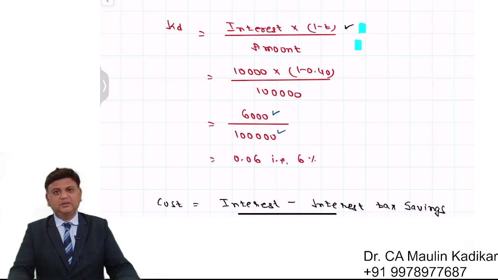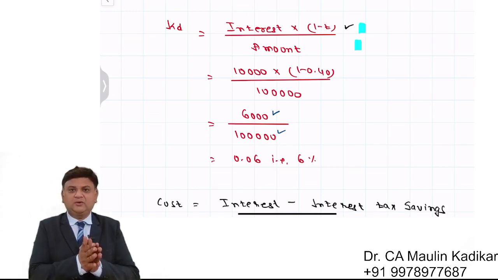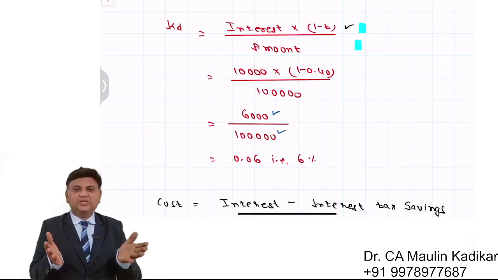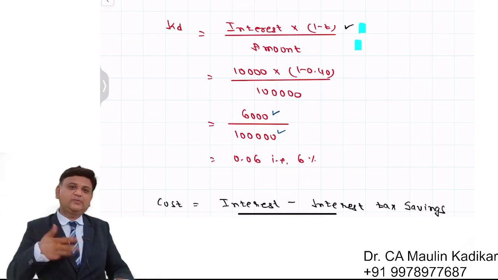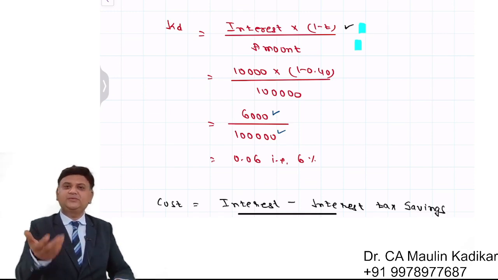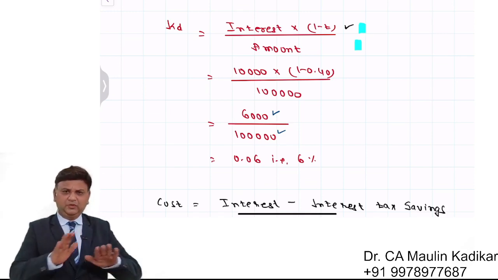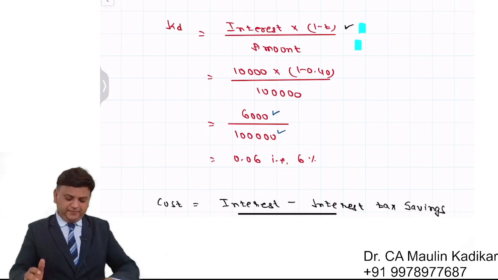Now friends, you can understand that the cost of capital is going to be calculated broadly. It is not going to be calculated with a narrow concept, such as interest is my cost, or preference dividend is my cost. No, we are going to compute it broadly.